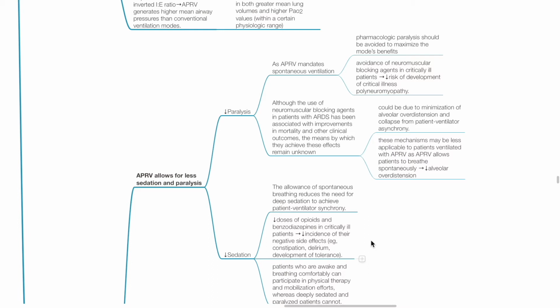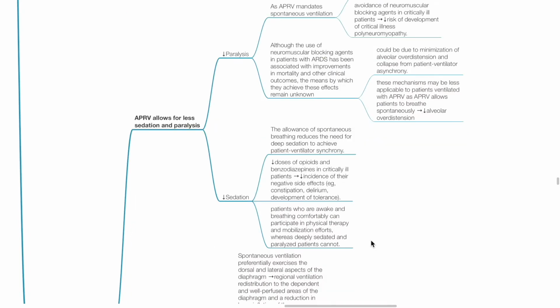These mechanisms may be less applicable to patients ventilated with APRV, as APRV allows patients to breathe spontaneously. The allowance of spontaneous breathing reduces the need for deep sedation to achieve patient-ventilator synchrony. Reduced doses of opioids and benzodiazepines in the critically ill reduces the incidence of their negative side effects, such as constipation, delirium, and development of tolerance.